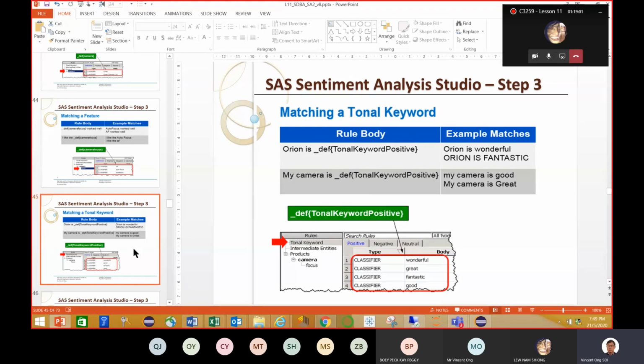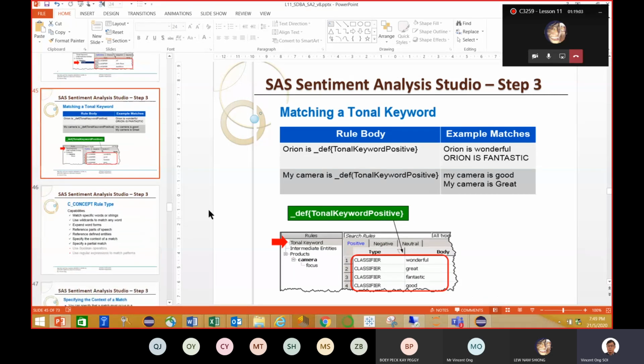We can also use it on tonal keywords positive. So what is tonal keywords positive? Tonal keywords positive, say the keyword positive, under positive, I define as wonderful, great, fantastic, and good.